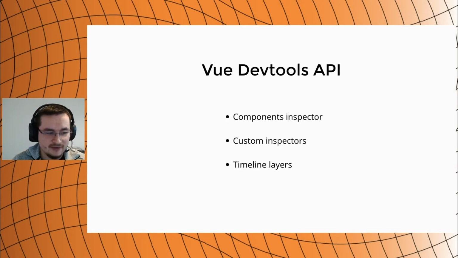You can see that a specific action is dispatched when a specific component event is emitted, and when, for example, the mouse is clicked on a specific button in your application. So it's an entirely new way of debugging your application, and I think it has a lot of potential. You'll soon be able to read the devtools API documentation if you're interested in integrating your Vue plugin with the devtools.